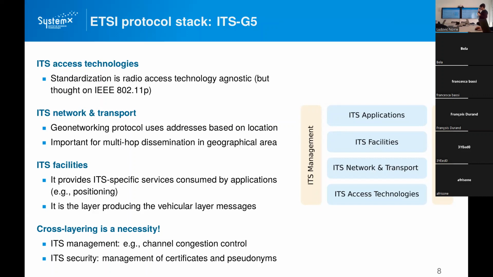But the thing that I find interesting about this protocol stack is that finally, it's not really a stack anymore, because you need to have these two blocks, which are ITS management and ITS security, that are completely cross-layer. ITS management, for example, is responsible for data congestion control.